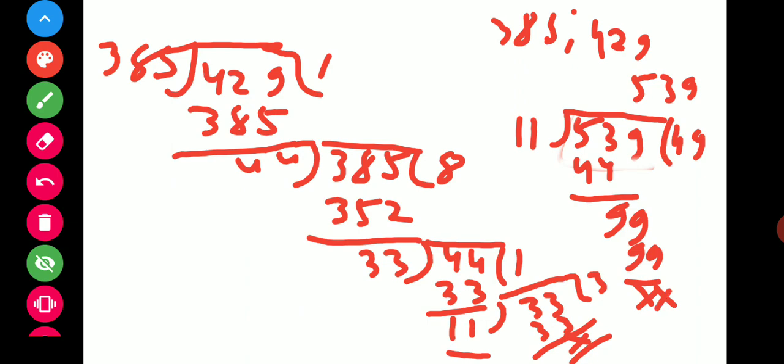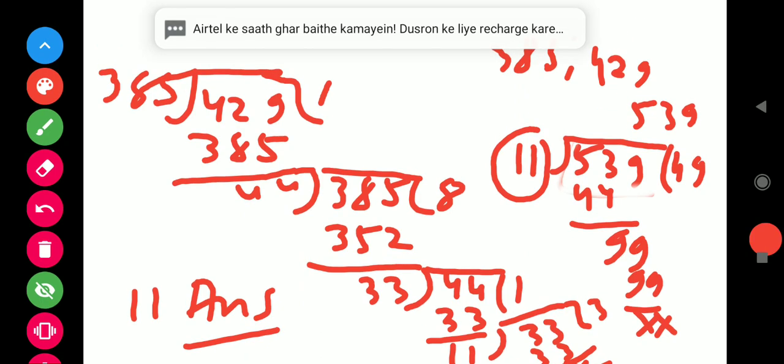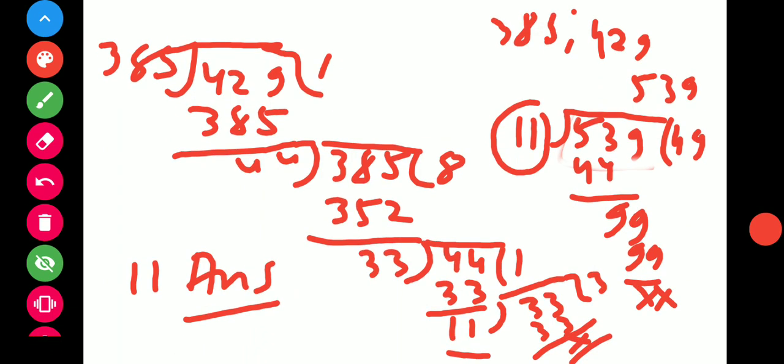So your answer is 11. You can write 11 as the answer. It is very clear, you can do all the questions in this exercise very well.